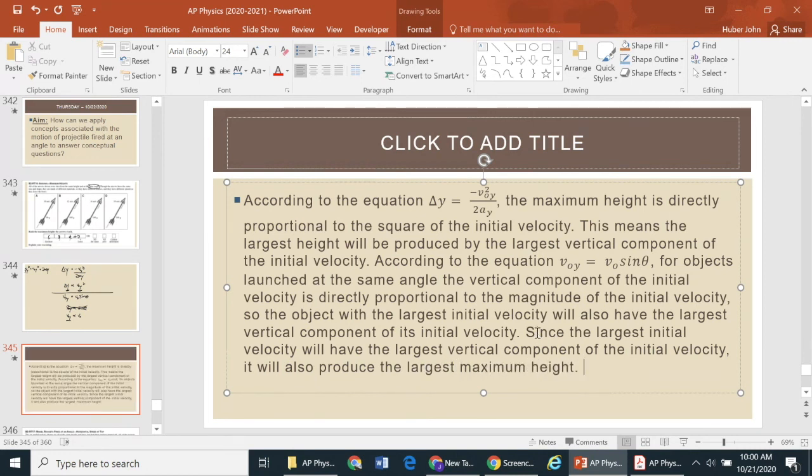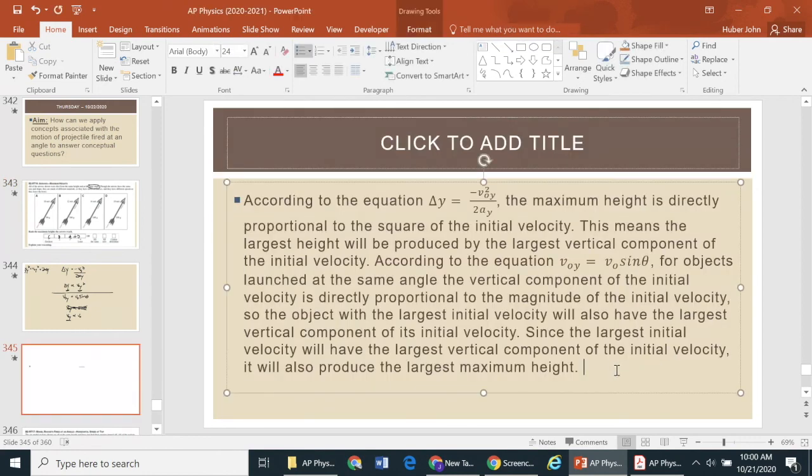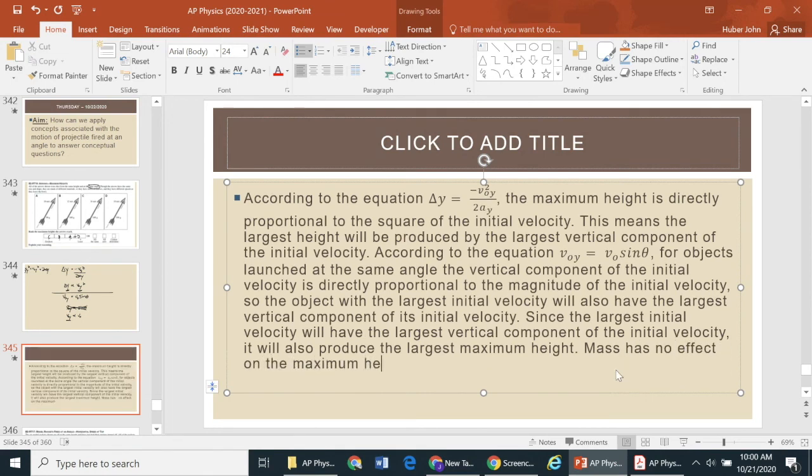And that's basically it, except we've neglected to mention anything about the mass, which they gave us. And so really, for this explanation to fully address all of the things told to us in the problem, we can just say mass has no effect on the maximum height.